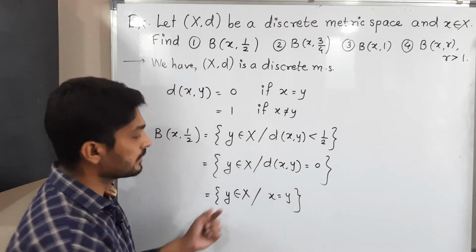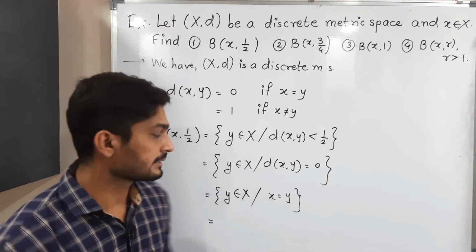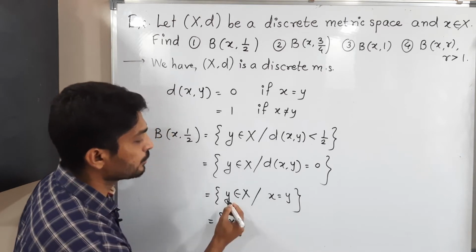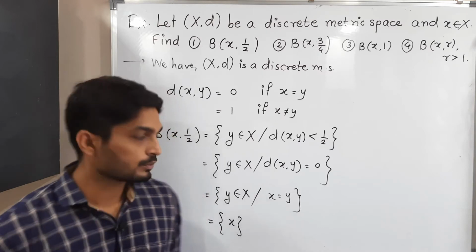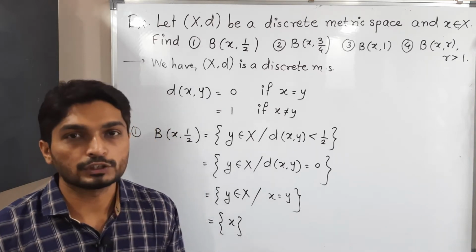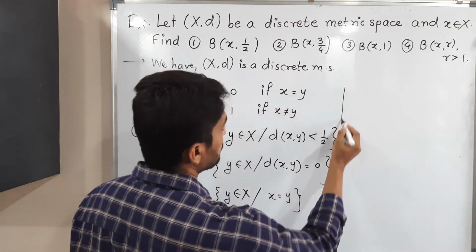So that means here we contain all points which are equal to x, that is nothing but x only. So that means the open ball is nothing but a single point, which is x. Okay, so let us go for the second sub question.